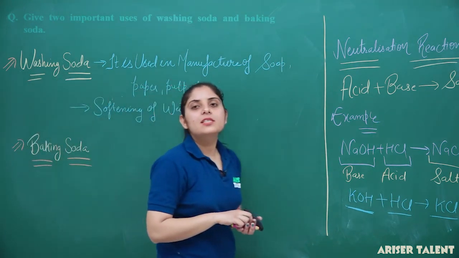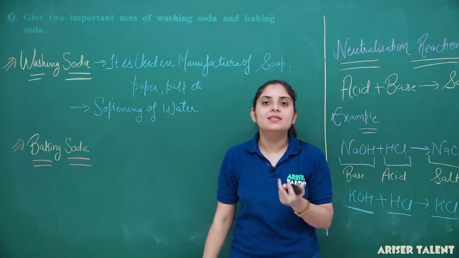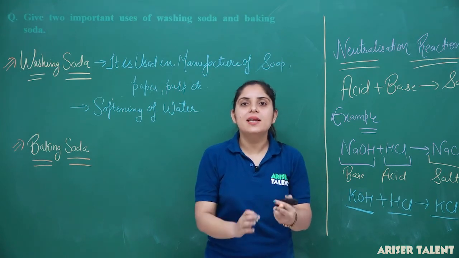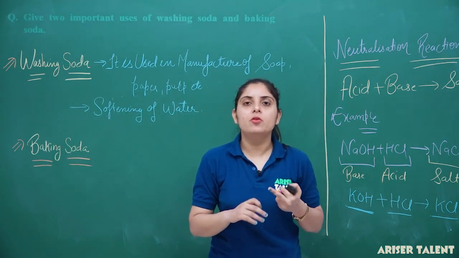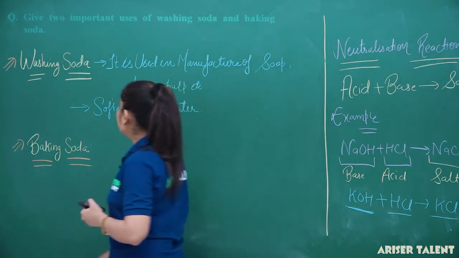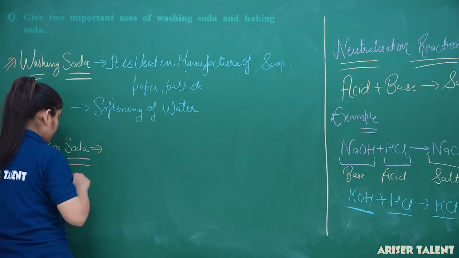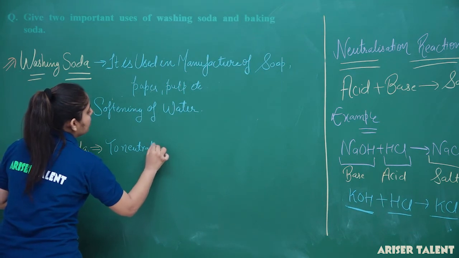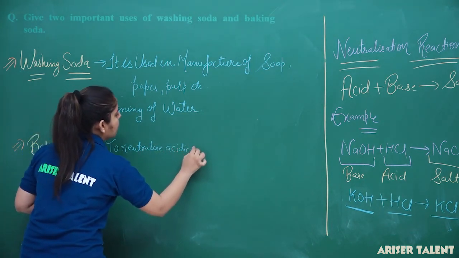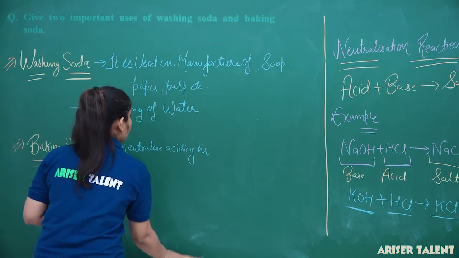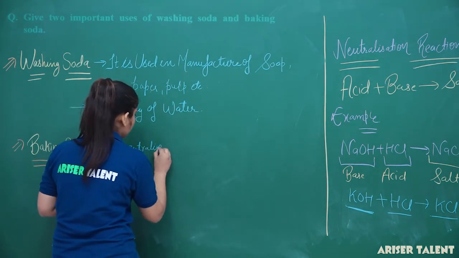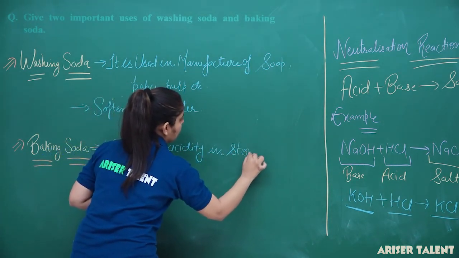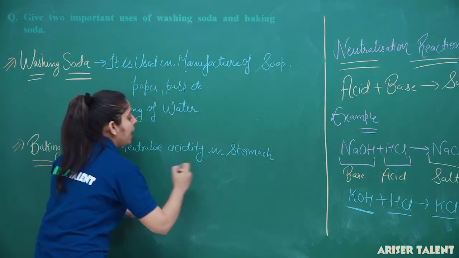Baking soda is basically used as an antacid to neutralize the acidity in the stomach, and secondly, baking soda is used to prepare compounds like baking powder, and from that baking powder we can make a variety of products. So its first application will be to neutralize acidity in the stomach, in case of hyperacidity.